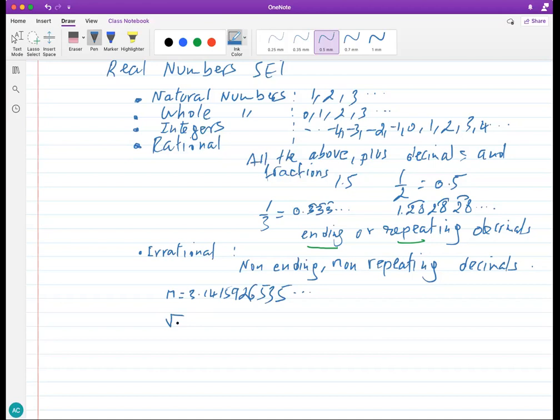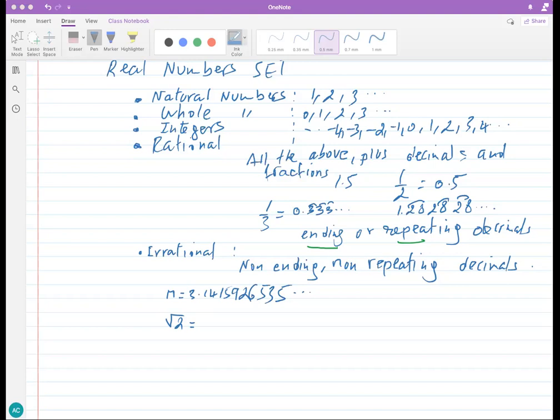Same thing with radical 2. If you take radical 2, it's 1.4 something. If you plug this in a calculator, same thing, the digits never end, and they don't have a pattern in which they repeat.